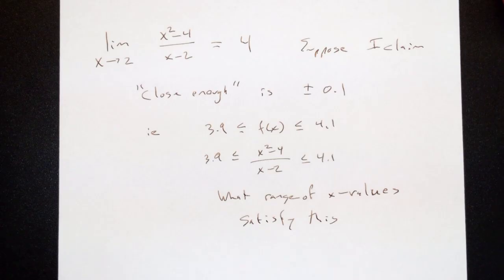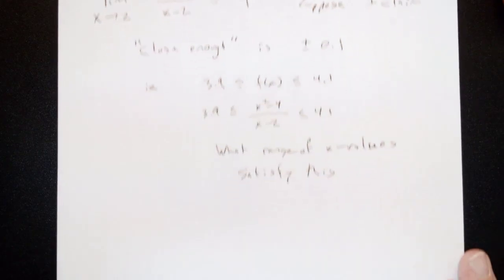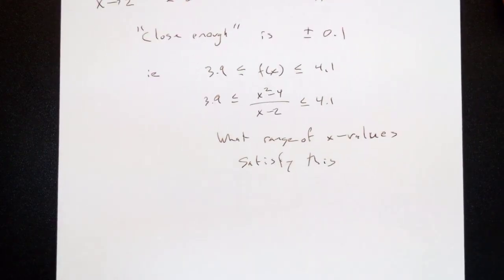If you tell me the range of x's that make this work, then you can tell me, okay, that range, and here's 2. We'll know on either side of 2 how far off we can be. I could do this algebraically. The algebra is not trivial, so I'm not going to do that at the moment.